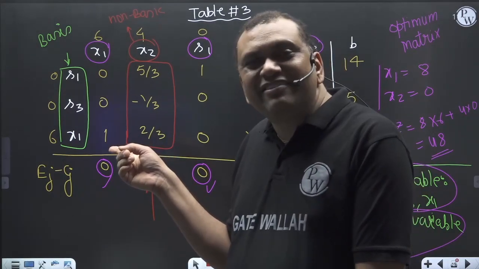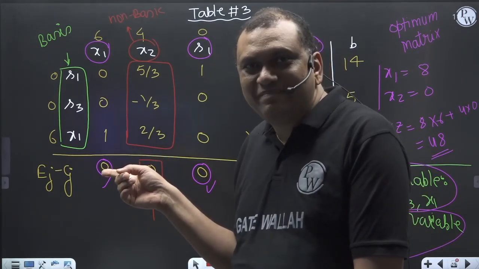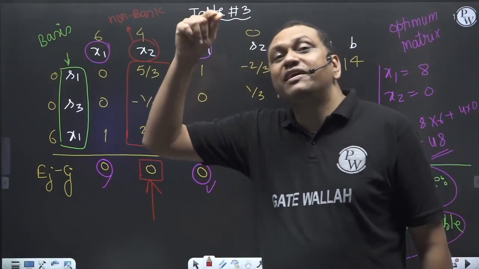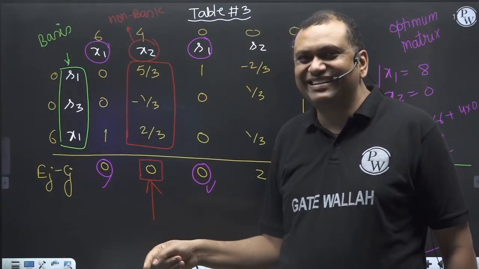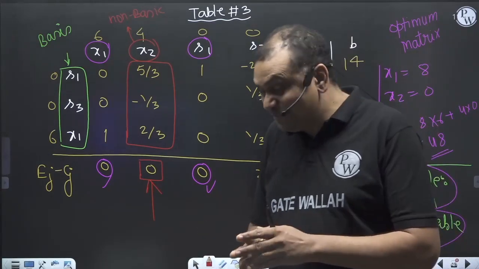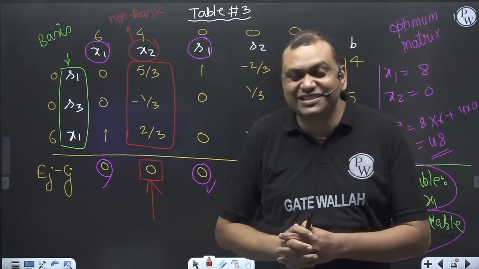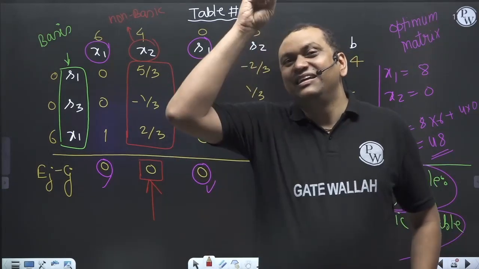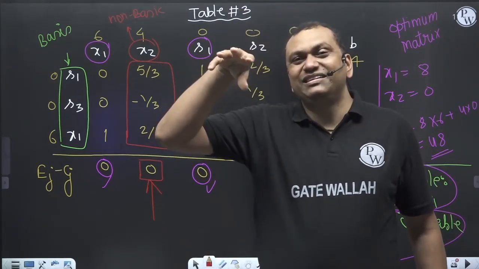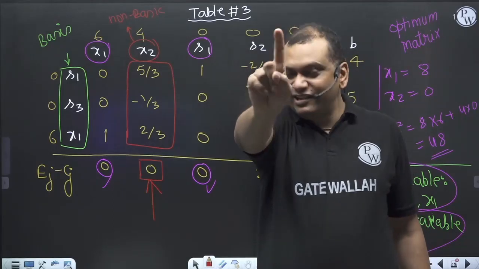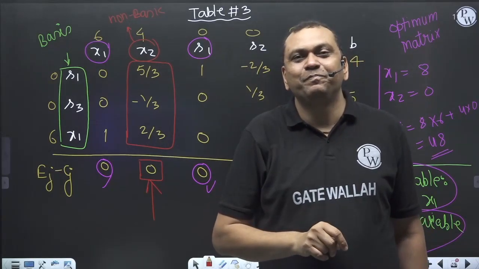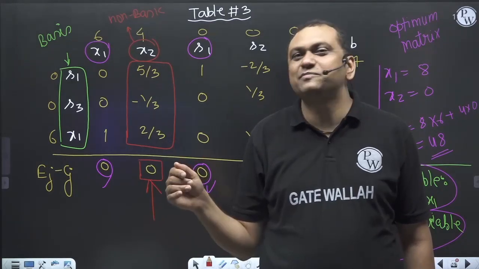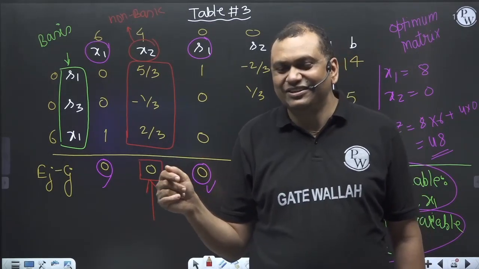This problem we have done in graphical. So it was a very important concept that we discussed in the last 5 to 10 minutes: how to identify and how to calculate the alternate solutions in any simplex procedure. Okay?